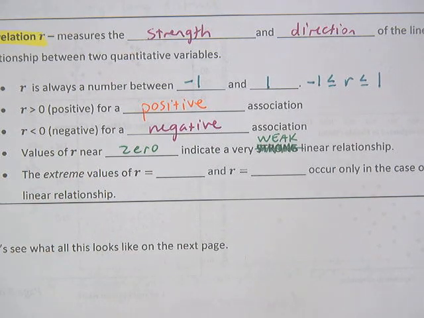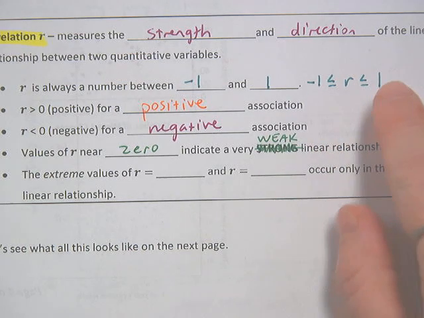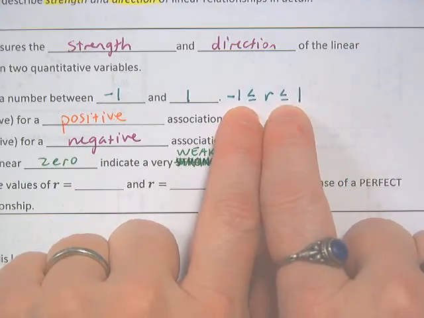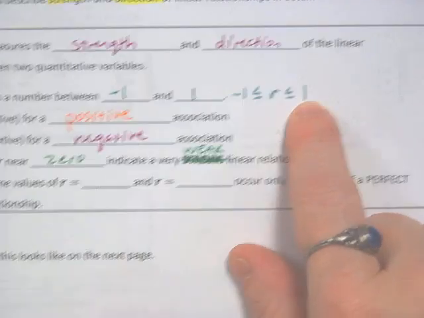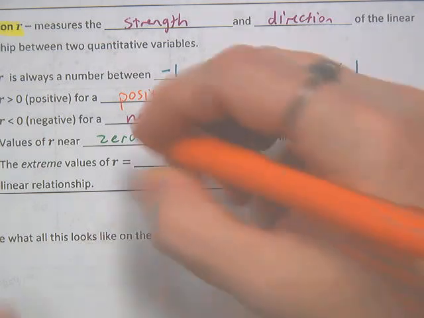Values of R that are really close to 0, so like 0.1, -0.1 on either side of 0, are going to show a really weak linear relationship. The closer to 0, the weaker it is. Now, when you get to the very extreme values, all the way out to -1 and all the way out to 1, those are really strong values.